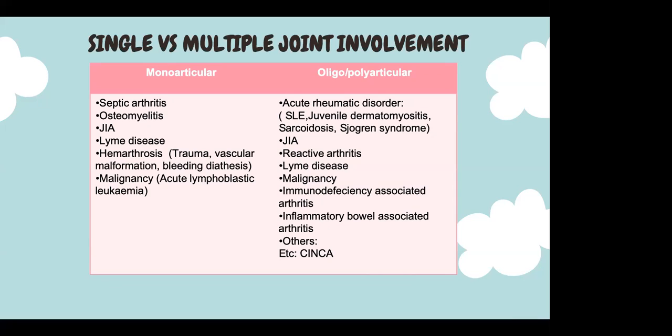In oligo or polyarticular, which is more than 2, acute rheumatic disorders such as SLE, juvenile dermatomyositis, sarcoidosis, JIA, reactive arthritis, Lyme disease, malignancy, immunodeficiency-associated arthritis, inflammatory bowel disease-associated arthritis, and others.